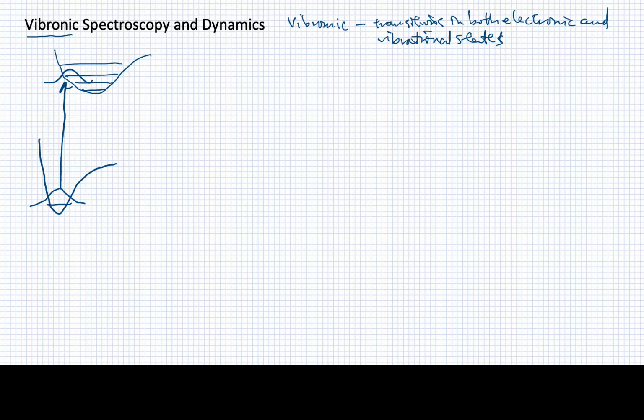That is, we've made an electronic transition from the ground electronic surface to an excited electronic surface, and in the process of making that transition, we actually see a progression of lines in the vibration. So the spectrum for this might look something like this, where we've got a whole series of bumps along here, and each bump is a different vibrational state corresponding to the vibrational levels of the upper electronic state.